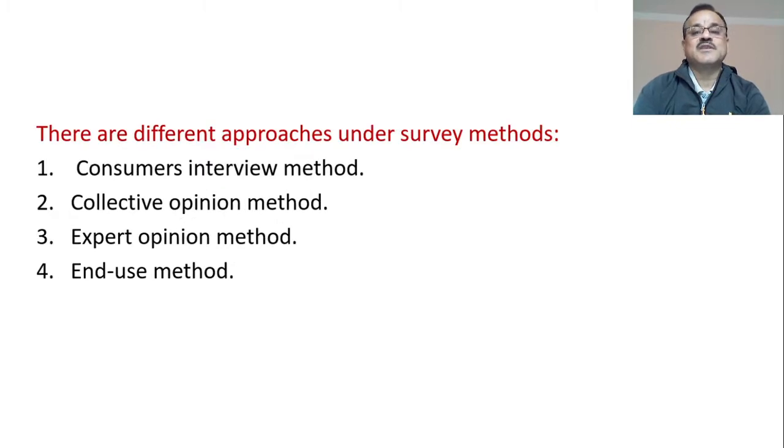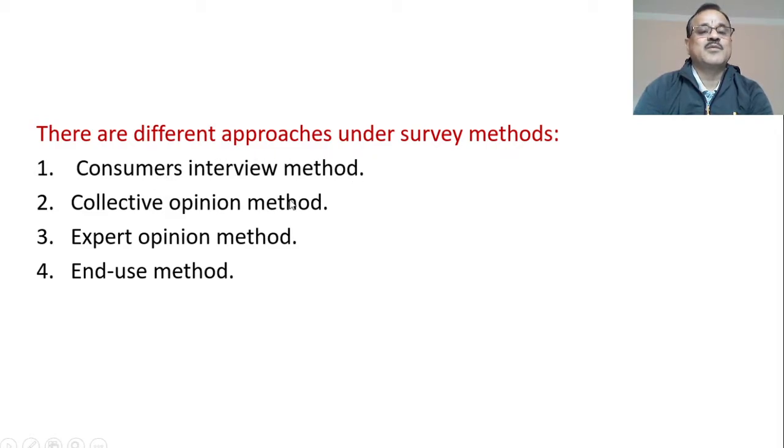There are different approaches under the survey method: consumers interview method, collective opinion method, expert opinion method, in-use method. These are the various methods that we use while forecasting the demand under the survey method. Here, consumers' income and their habit of purchasing goods will be comprehended by the consumers interview method.